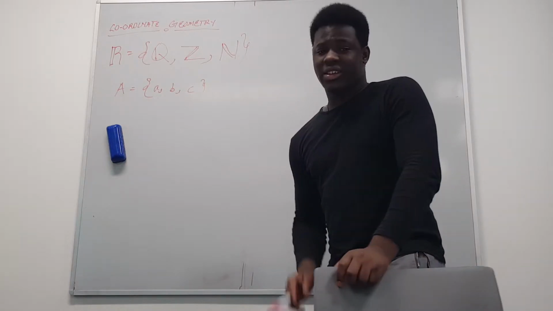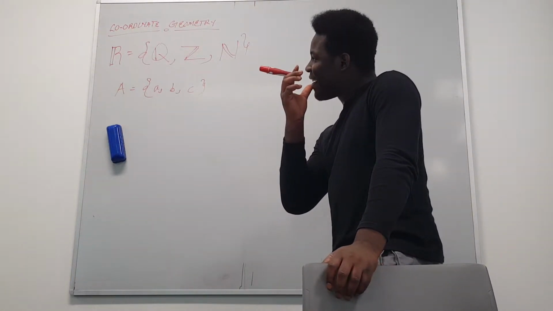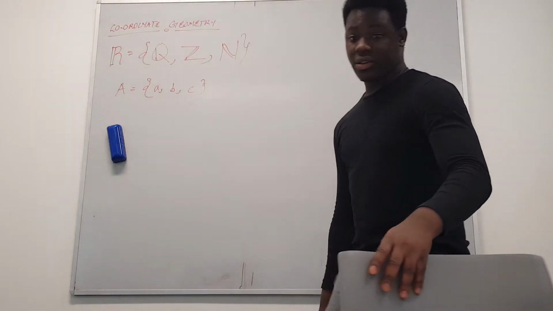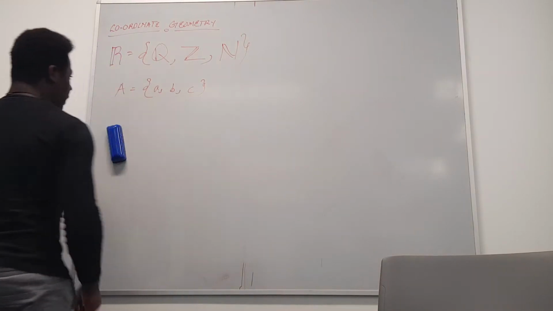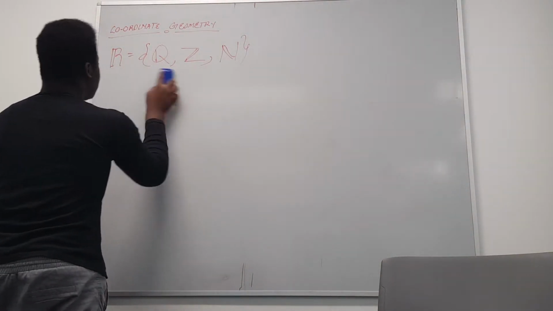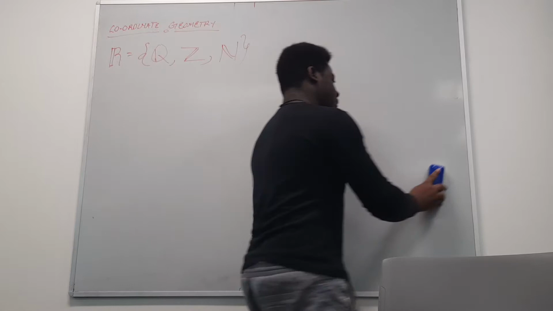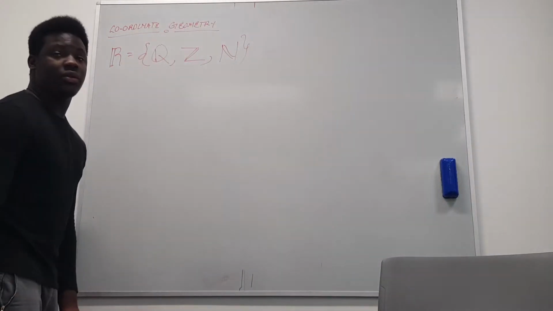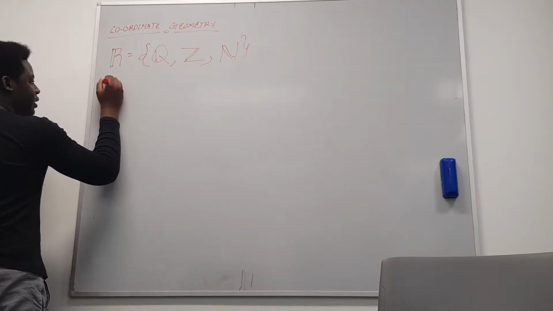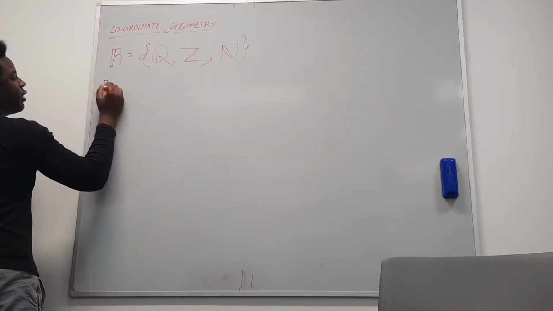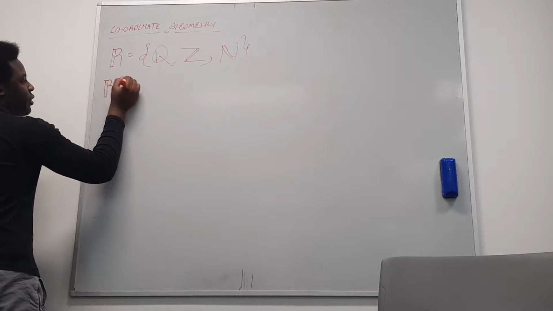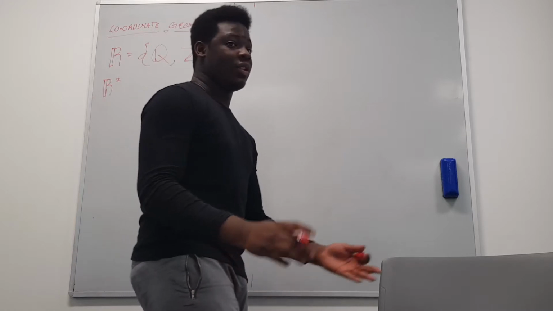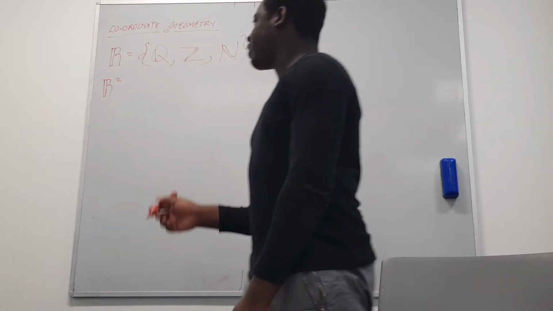Anyways, so in two dimensions, our Cartesian coordinate system will be the real numbers squared, the Cartesian product of the real numbers. The reason is because we have 2 dimensions, y and x. We need a tuple pair.